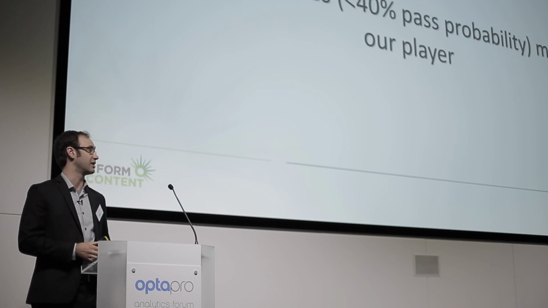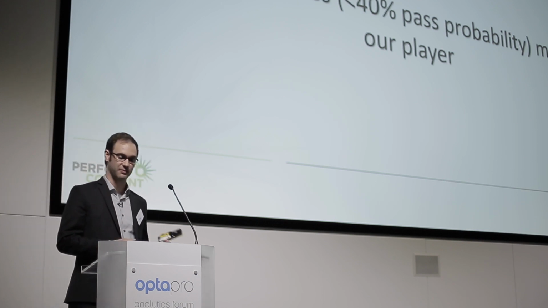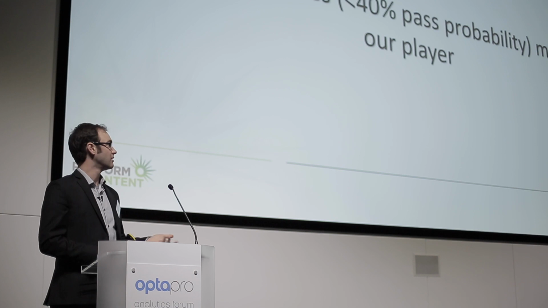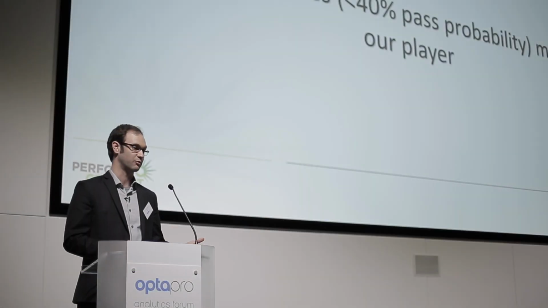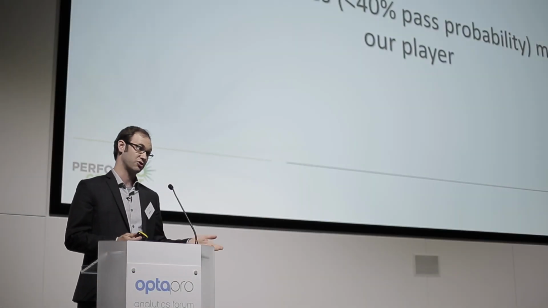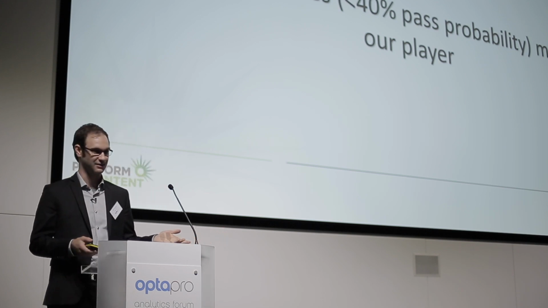So what sort of questions could an analyst answer with this model? One question we might be curious about is to look for times when one of our players makes a risky pass. So suppose we want to find a pass with less than a 40% pass probability, so that we can go in and see, was it a good decision, was it a bad decision, maybe you should make fewer low probability passes.